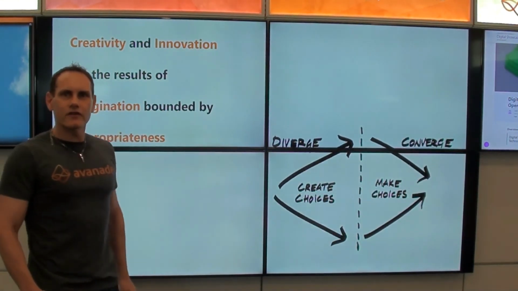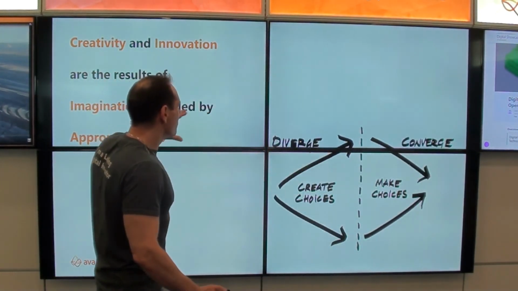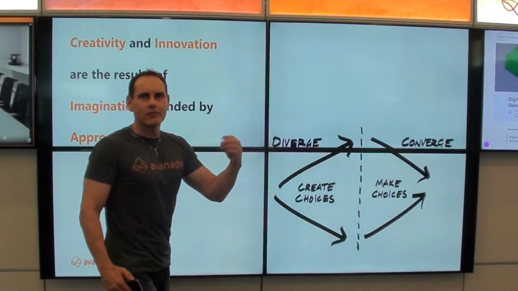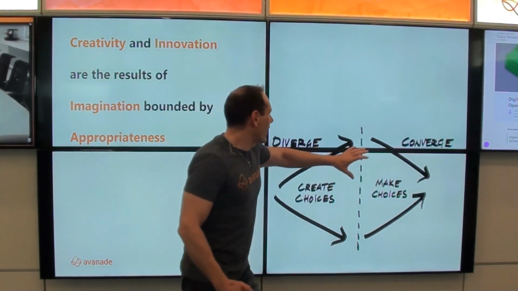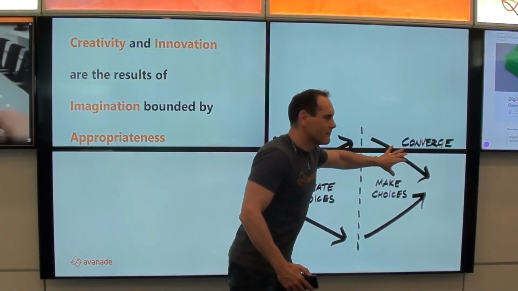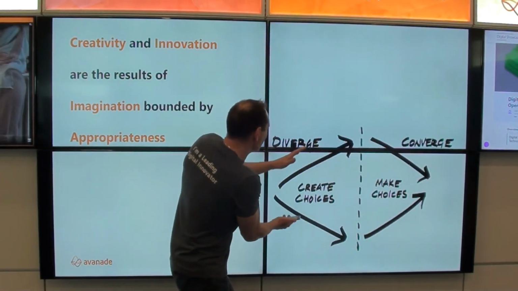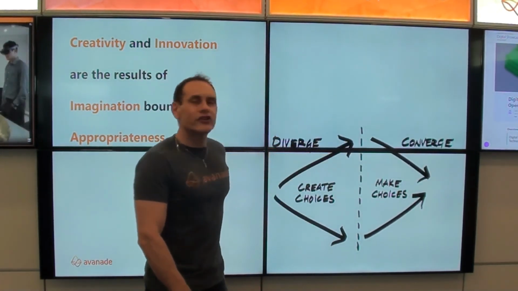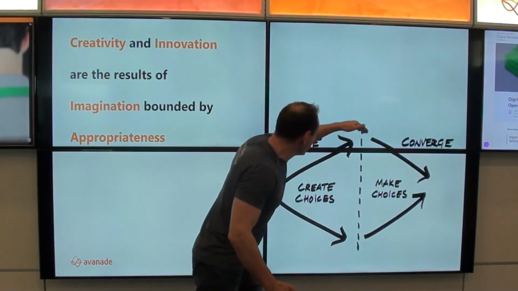And we are very good as grown-ups with respect to appropriateness, with respect to convergence onto a viable solution. And here's that concept again: viability and feasibility are convergent concepts, whereas desirability is in the imagination space as a divergent concept. And so you see this diamond here that we have.